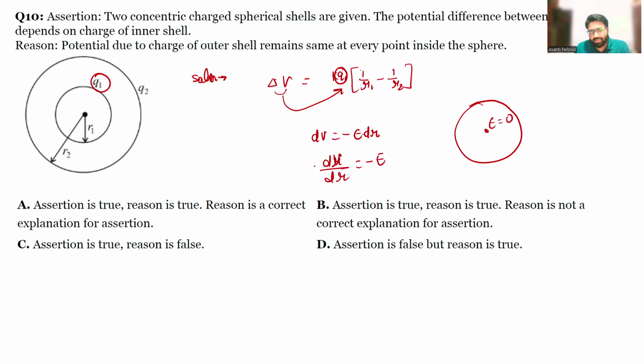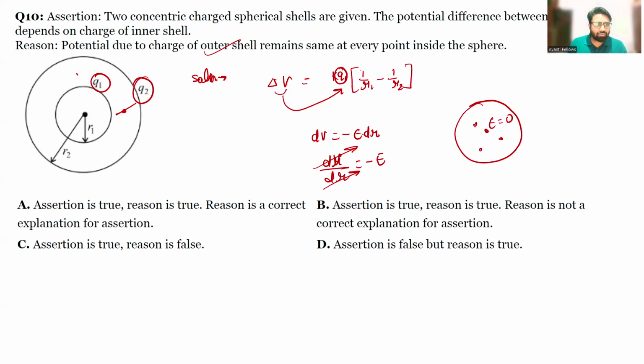Which means the change in potential with respect to position is always constant. That is also satisfying. And that is why inside the inner shell the potential is constant. So that is why the potential is counted on the basis of the charge that is on the inner surface.